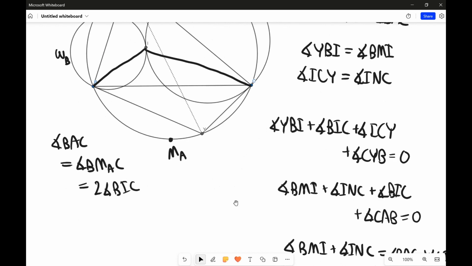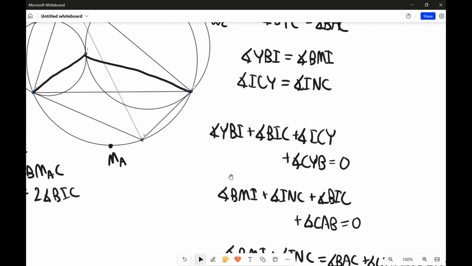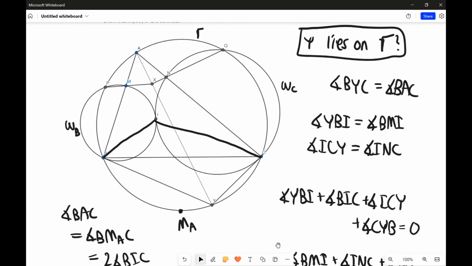So plugging that in, we end up getting 2 directed angle BIC, minus directed angle BIC, is equal to directed angle BIC. So therefore, we'd like to show that directed angle BMI plus directed angle CNI is equal to directed angle BIC.